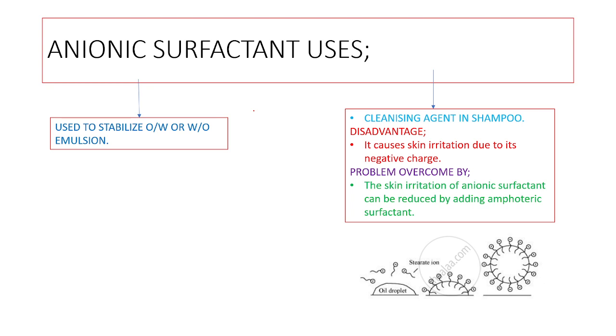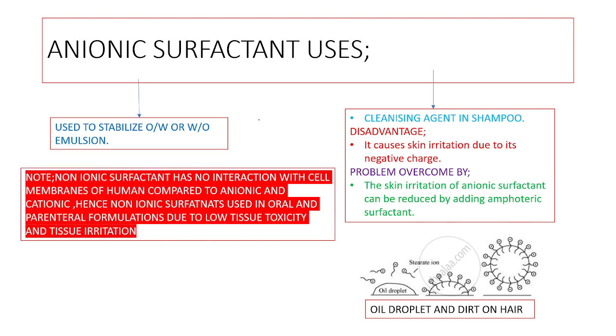But the major disadvantage associated with anionic and cationic surfactants is that they cause skin irritation because of the charge. So in order to eliminate that skin irritation property, definitely we need to use non-ionic surfactants.